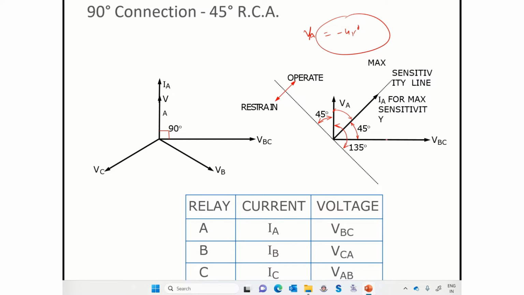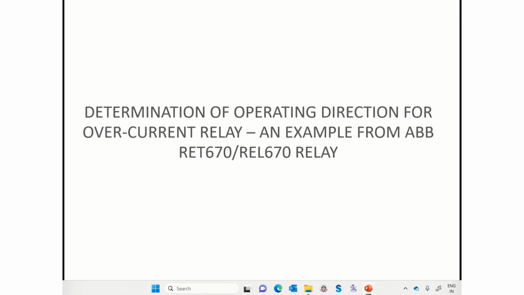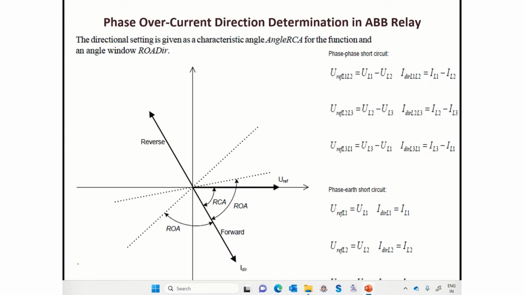But in reference to VBC, we can say that this is leading, or plus 45 degree. So depending upon which voltage we are taking as the reference voltage or as the polarization voltage, this RCA angle can be negative or positive. So if you see now in the ABB relay, because they are taking this reference voltage as the same phase voltage, the RCA angle, whatever is given in the setting, is always to be drawn lagging.